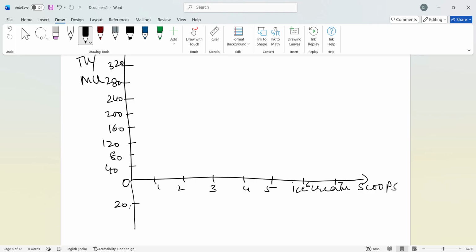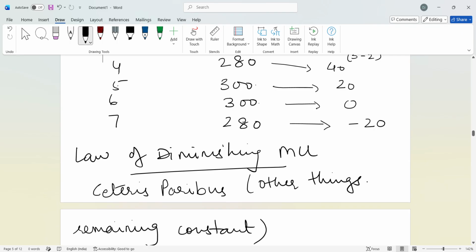Now, if you plot the table that I have given you, you will see that for the first one, it was about 100, somewhere here. So if I start from here, the graph will look something like this. Where is it highest? Let me see if I'm making it right.